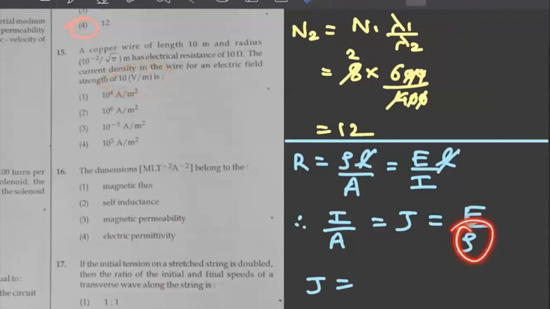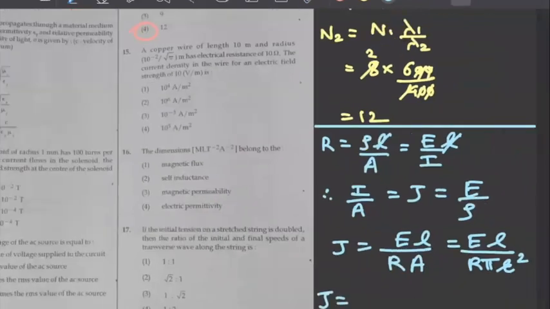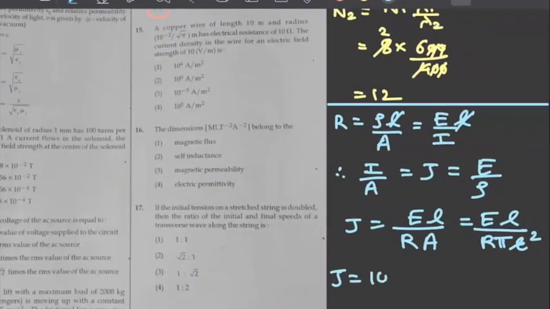So this rho we can again replace from here, as rho is nothing but R A by L. So that will go in the numerator. And this area is nothing but pi into radius square. So that's it. Now all of these numbers are given to me. E value is 10 volts per meter. Length is 10.